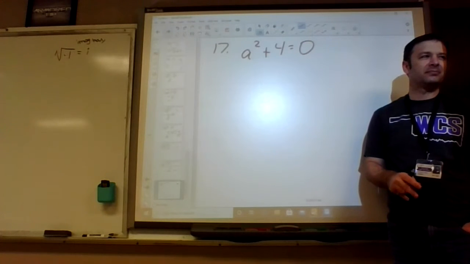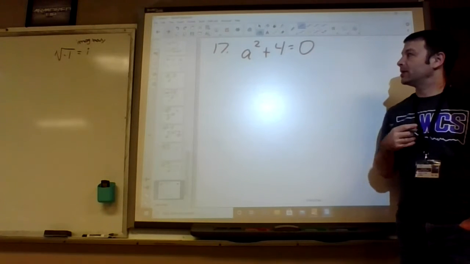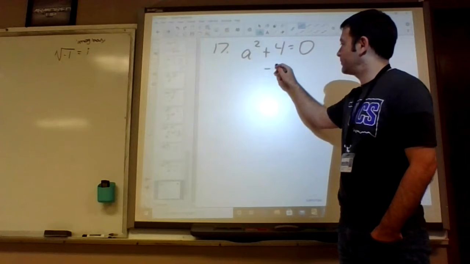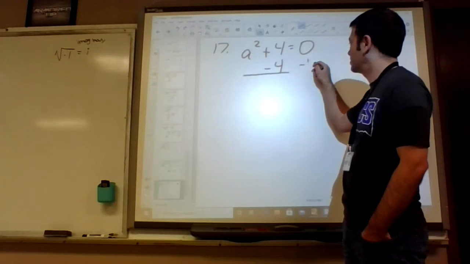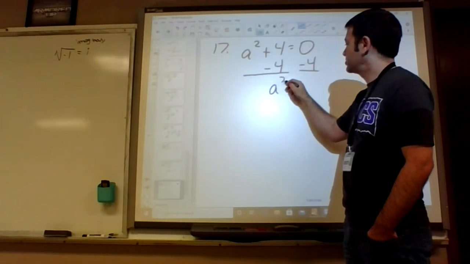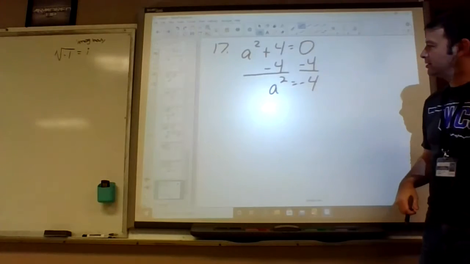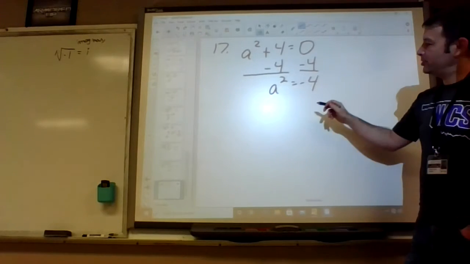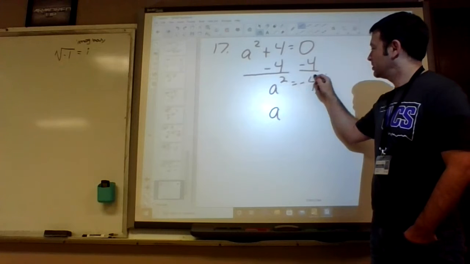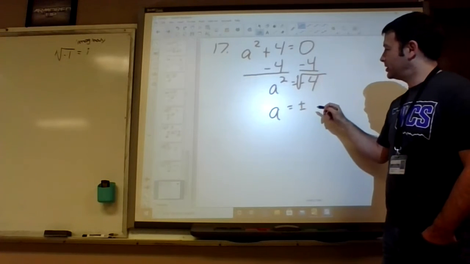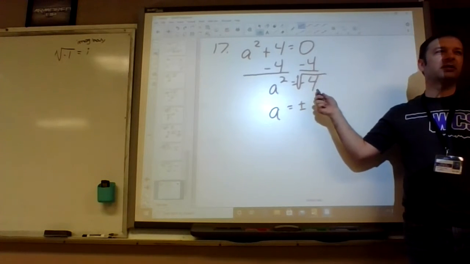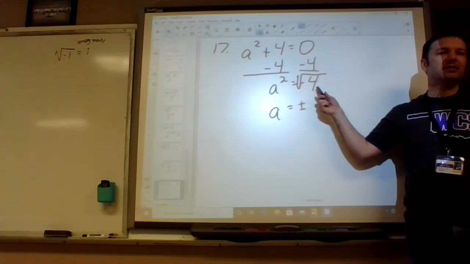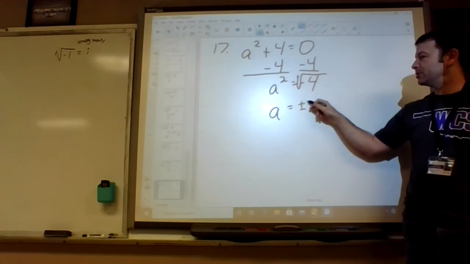Right, subtract 4. Get a squared by itself, and then I can use that square root trick. a squared is negative 4. Then I square root both sides, so I get a equals plus or minus, what's the square root of negative 4? 2i.